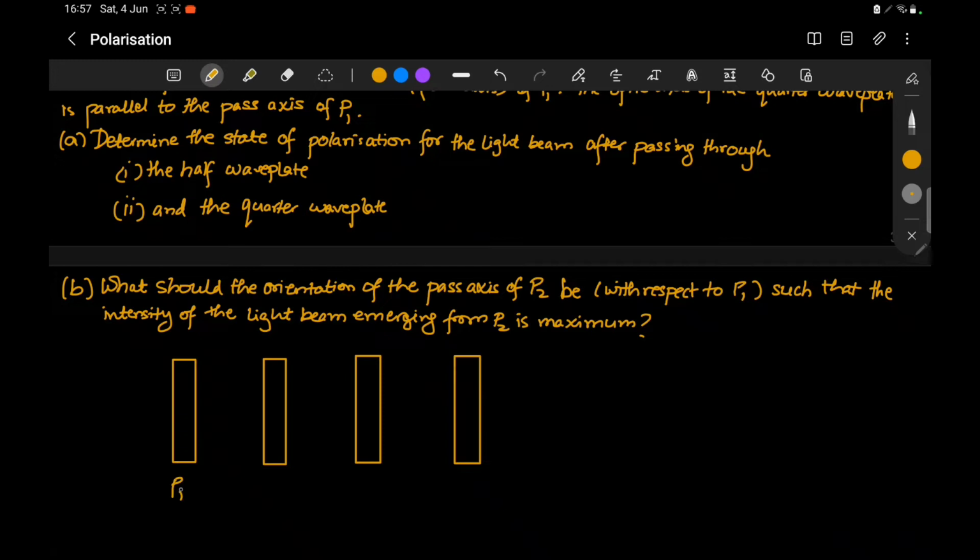So this is P1, this is half wave plate, this is quarter wave plate, and this is P2, and this is the Z direction. So let us draw the other axis. This is X and this is Y.